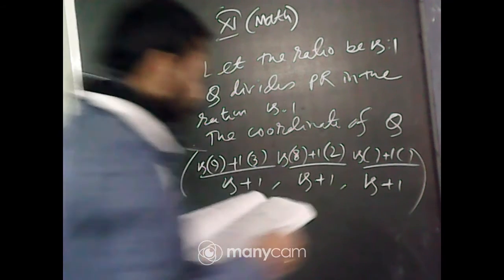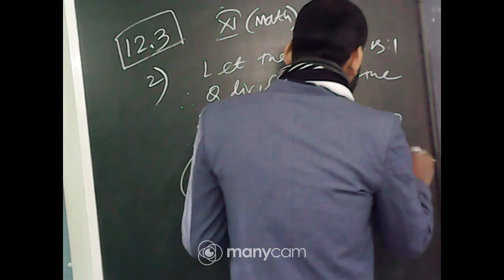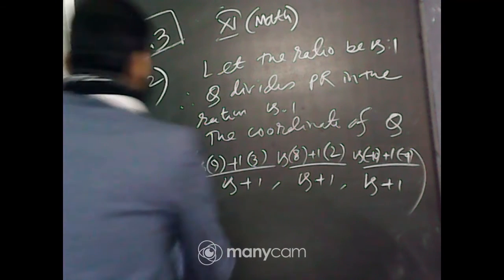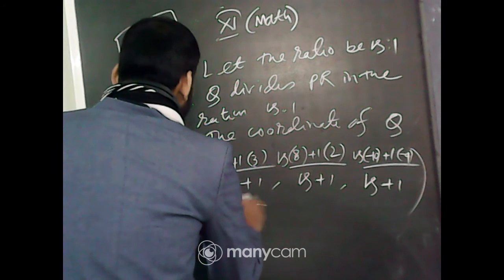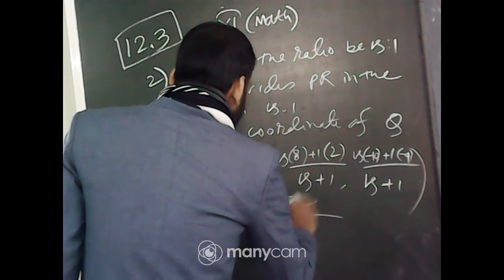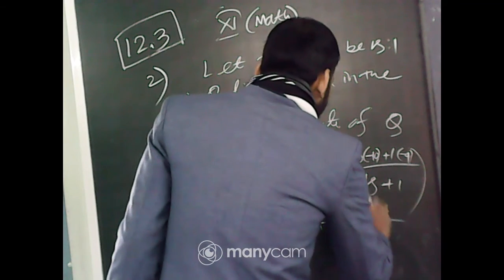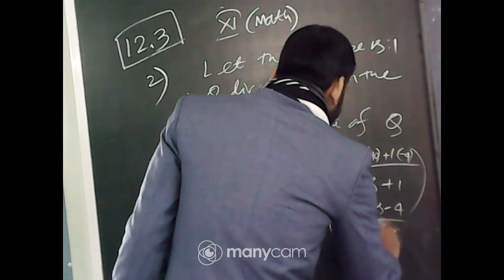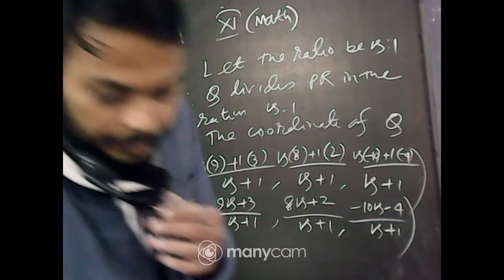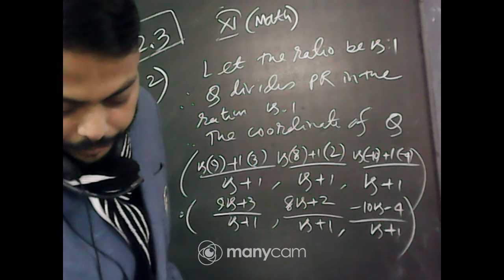Last portion, K into minus 10 and 1 into minus 4. That means it will be (9K plus 3) by (K plus 1), (8K plus 2) by (K plus 1), (minus 10K minus 4) by (K plus 1). Isn't it?